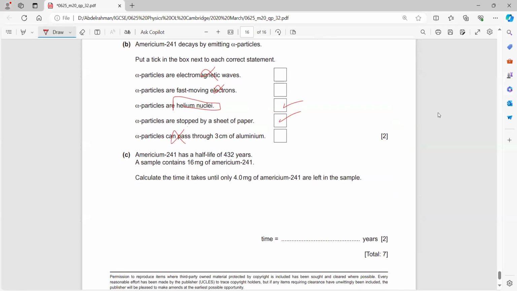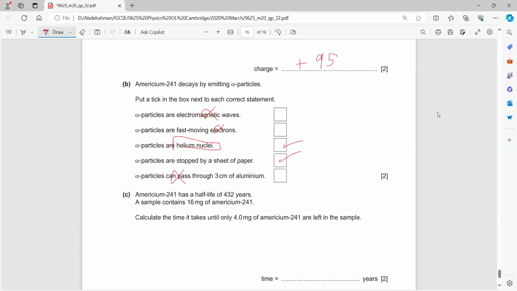Mister, what does helium nuclei mean? It means that it is the same as the nucleus of a helium atom. A helium atom is 2 and 4, and alpha is also. So the alpha also has two protons, the same as in helium. It has two neutrons, the same as helium.